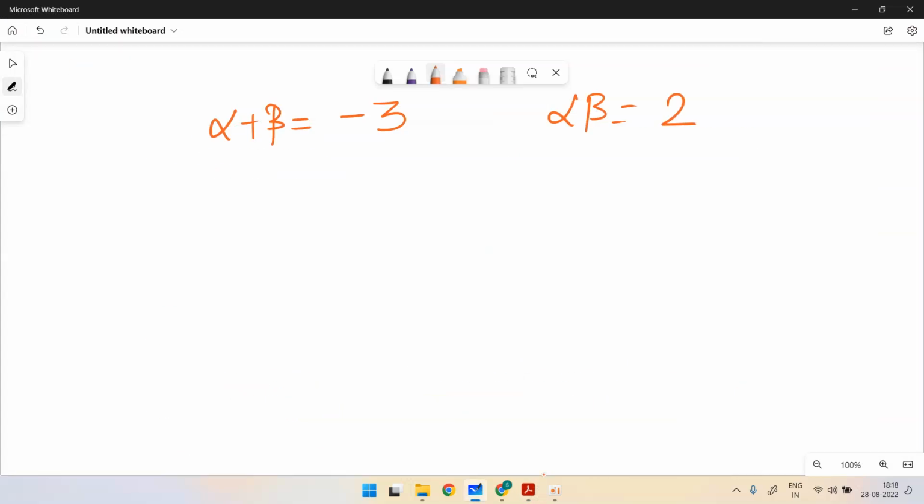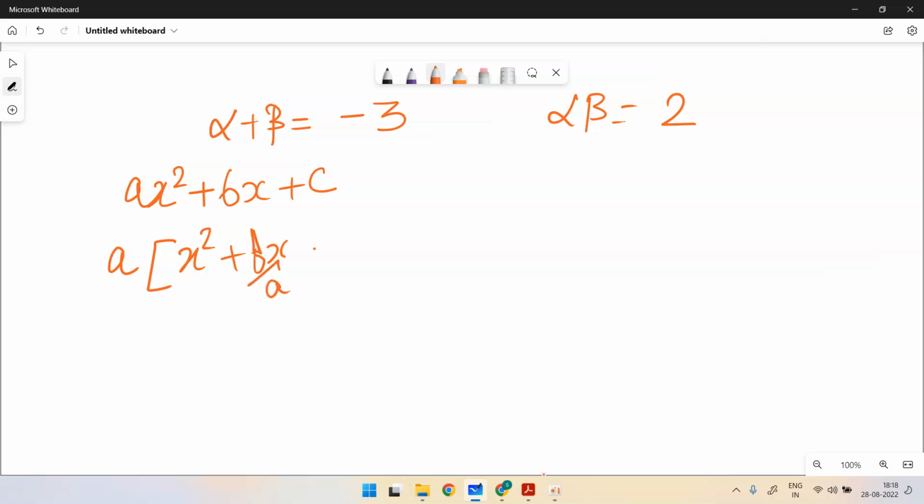Now if we assume that the polynomial is ax square plus bx plus c, and if you take a common, it is x square plus b by a x plus c by a.